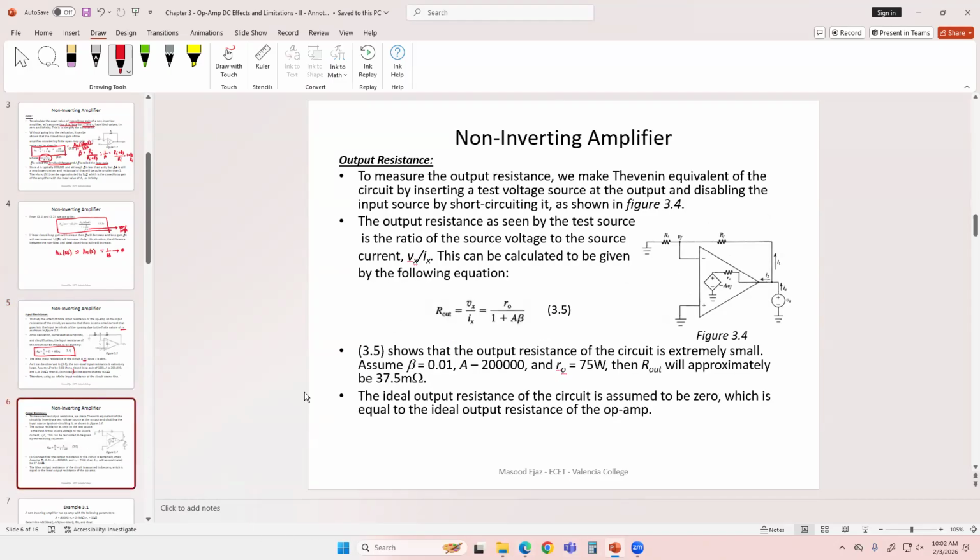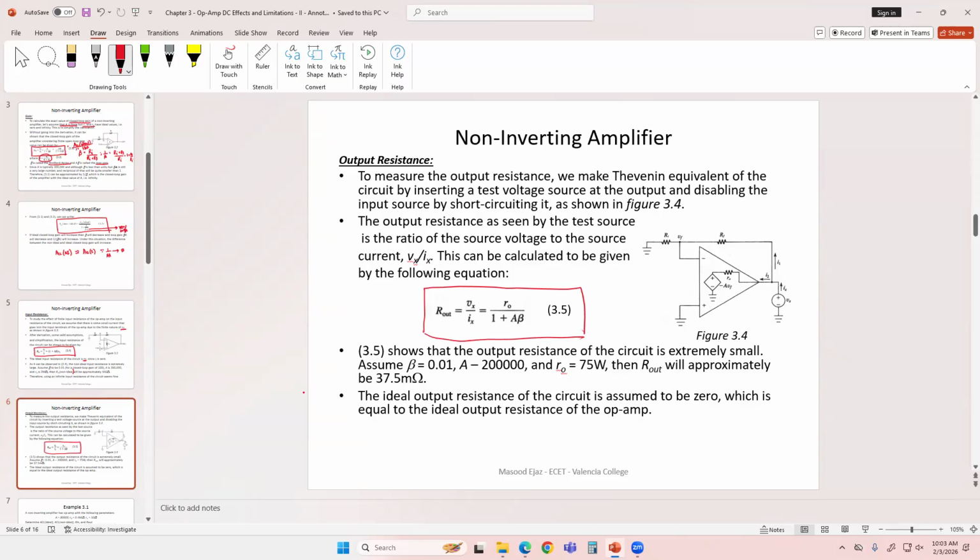Output resistance of the circuit, the expression is given by this, and to get this expression, we use a Thevenin equivalent circuit at the output. Again, we're not doing the derivation since we are not going to be using these values anyway. We apply a source at the output, and that source drives a current.